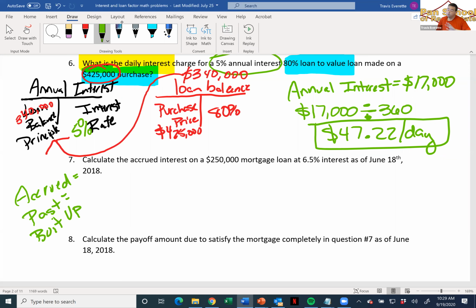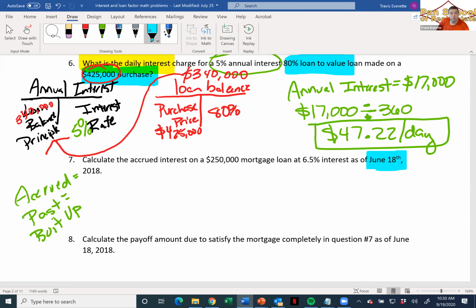But whenever we deal with either accrued interest or interim interest, remember I said you are always dealing with a portion of a month, never more than 1 month. Y'all remember that, right? Accrued interest is always a portion of a month. So in this case, this date right here is really important.